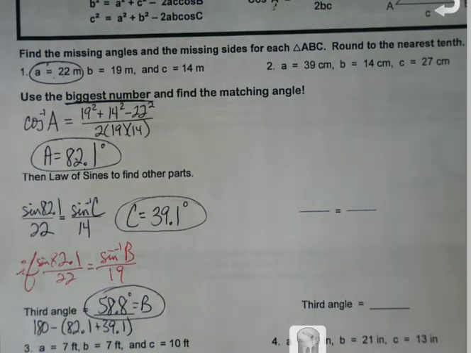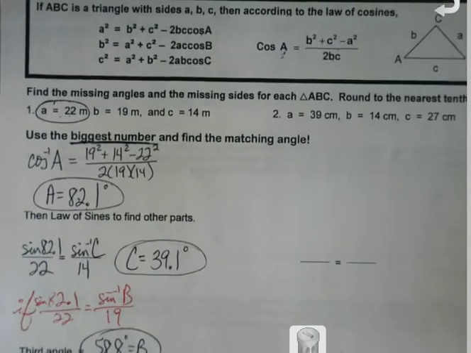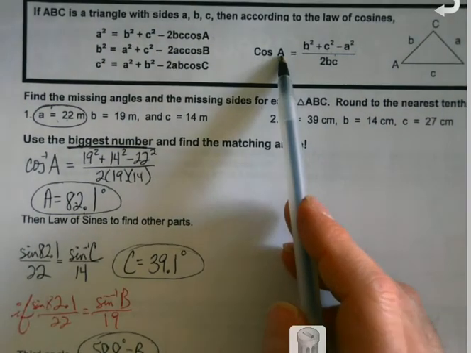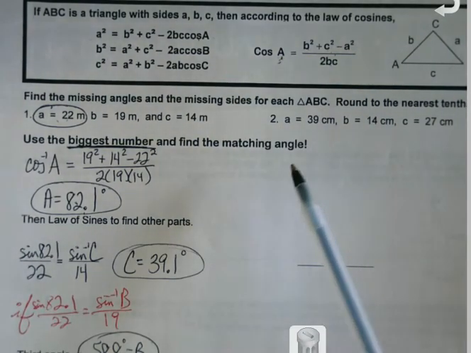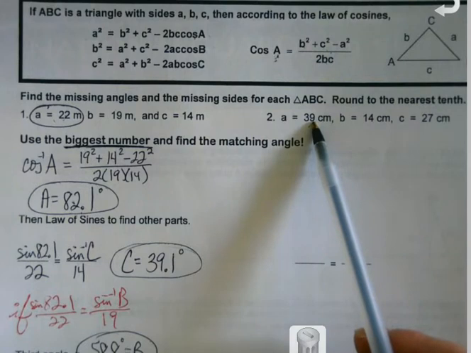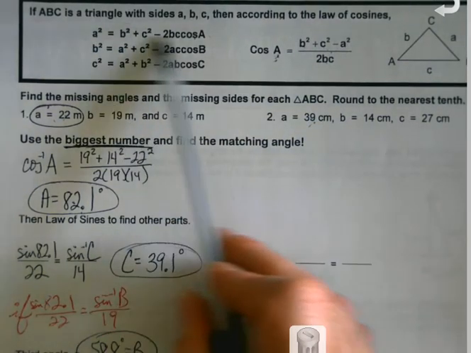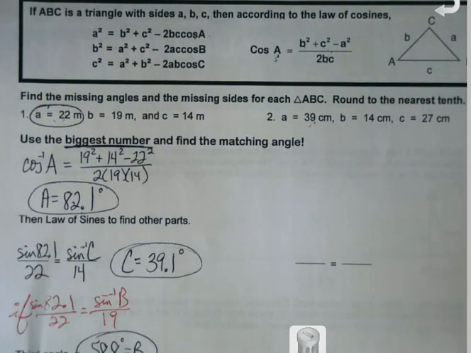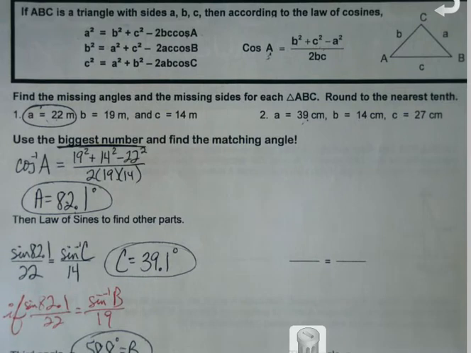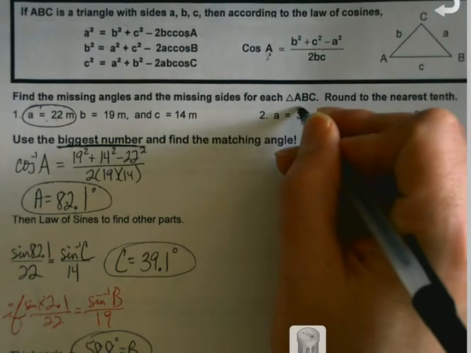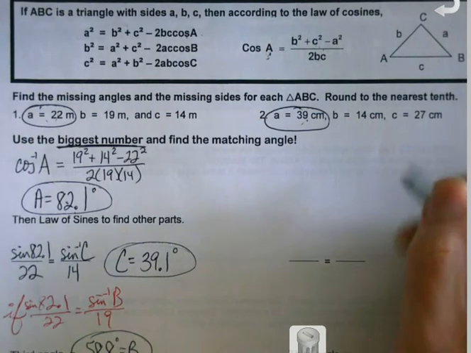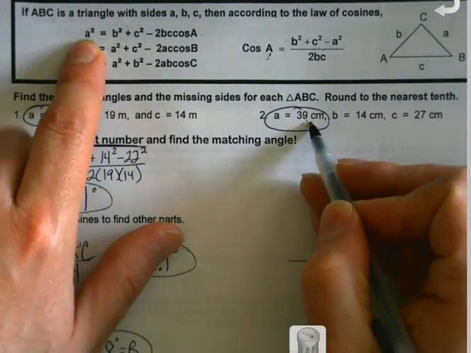Now some of you may be like, well, what if I would get confused if I wanted to find a different one besides A, even though it was A here again, and I wanted to use this little one because that leaves me less things to think about. Can I do it? Sure. Okay. If I want to do it that way, I still would use my biggest, and I'd say, okay, I'm going to use this first formula.